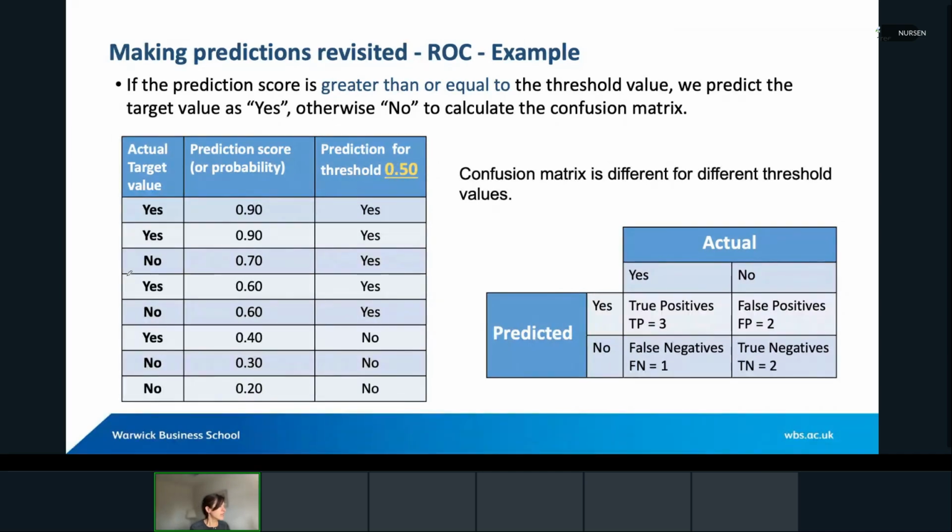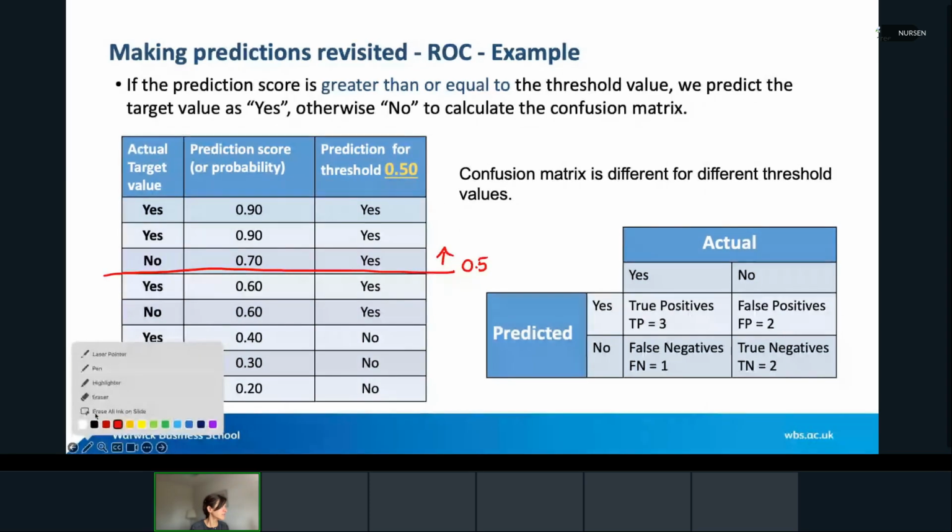So let's have a line in here. This is for 0.5. And these prediction probabilities are ordered from highest to lowest, as you see. Sorry, I missed the other one. Let's delete. Okay.